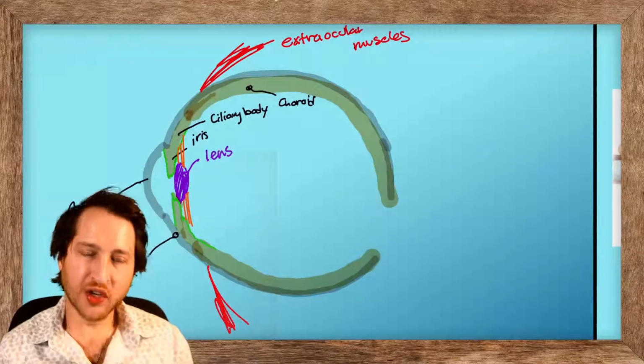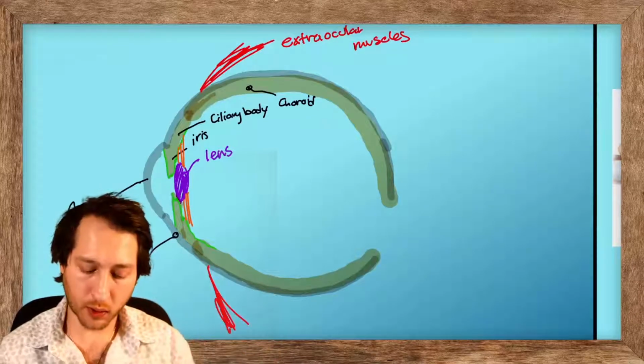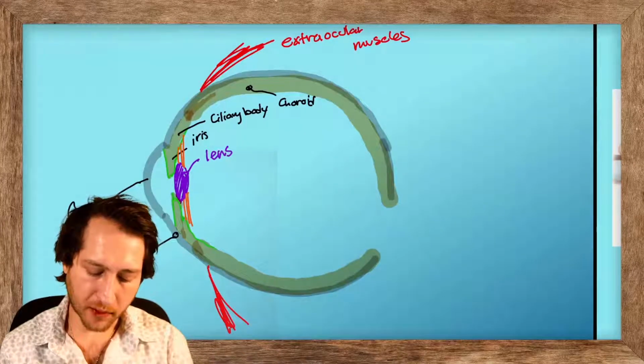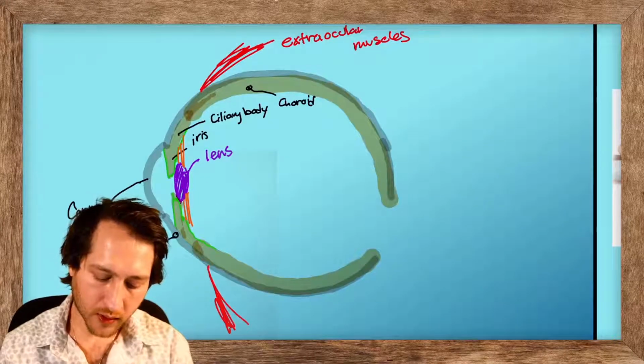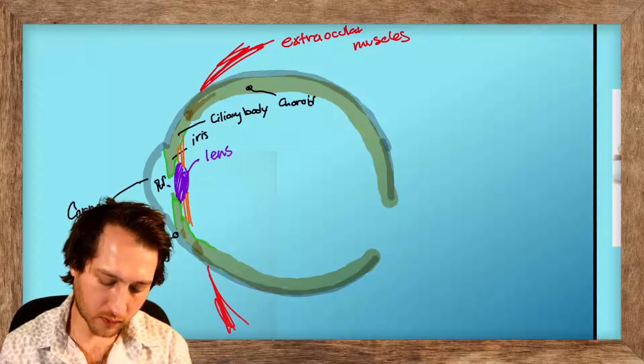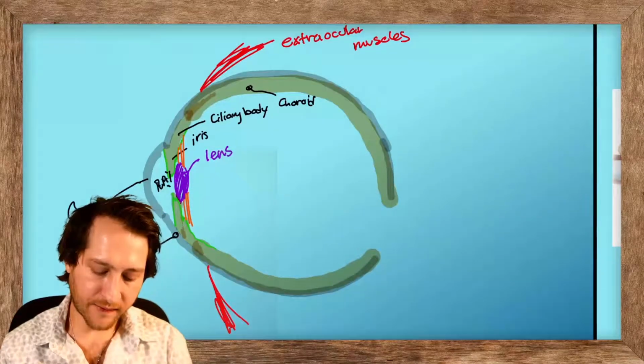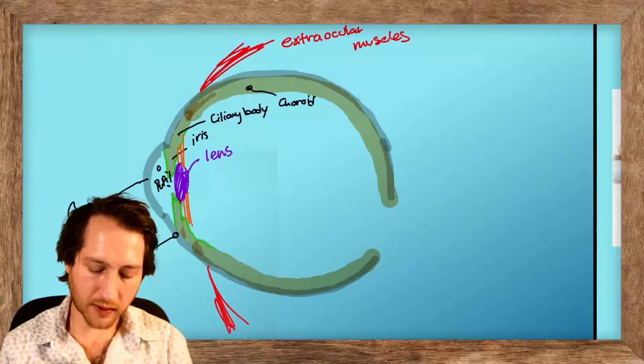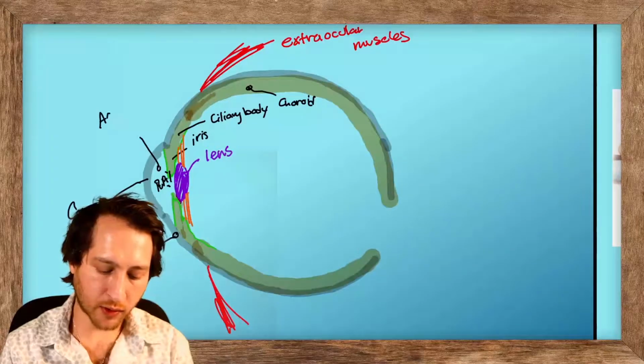And the region right behind or posterior to the cornea, but in front of the lens, that's going to allow light in. Remember, that's the pupil. And this region in front of the pupil behind the cornea is called the aqueous humor.